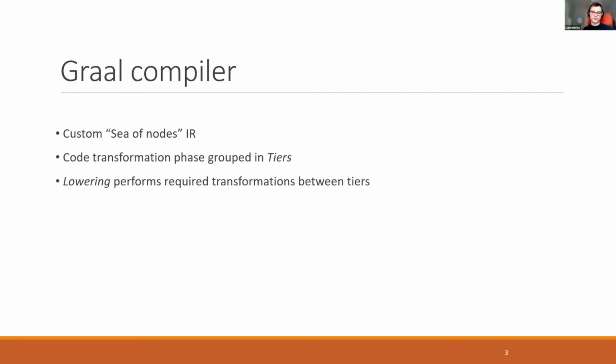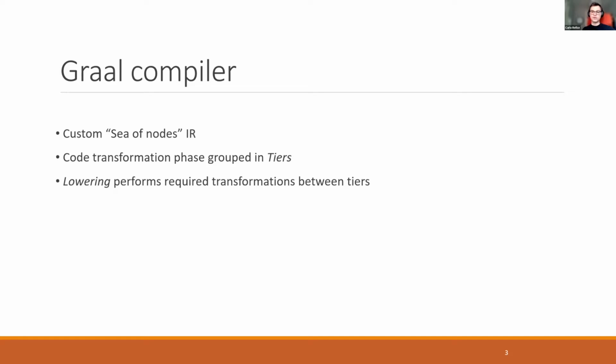So each transformation phase represents one specific transformation operation that we want to apply on the graph. And these operations are grouped into three major tiers. There is the high tier, the mid tier, and the low tier. And each of these expects some invariants to hold true in the graph. So for example, in the high tier, we will have some high level constructs, such as exception throwing that is represented as an individual node.